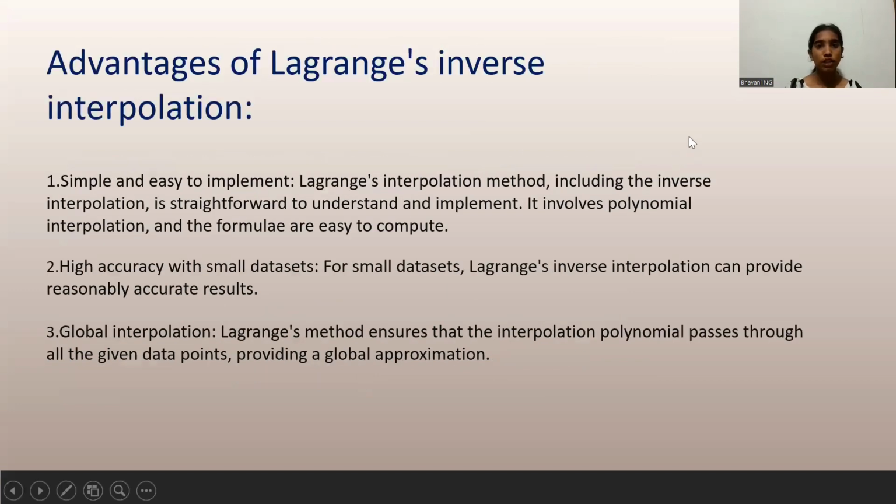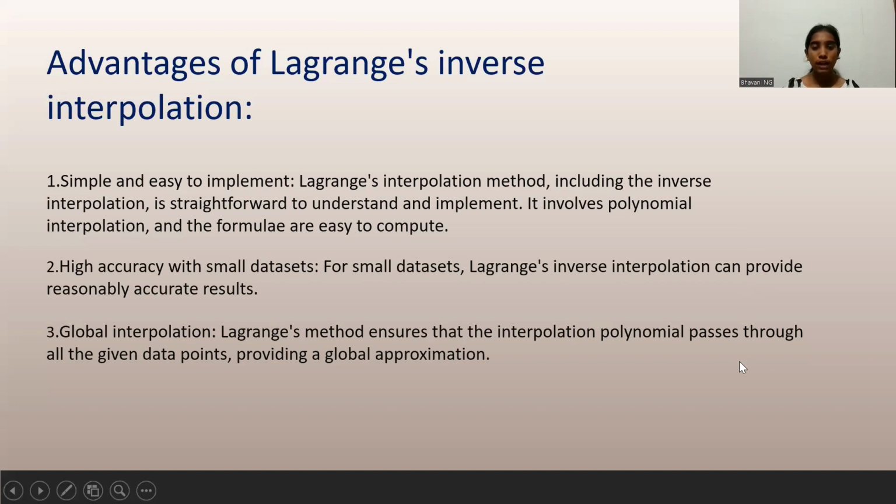Advantages of using Lagrange's inverse interpolation. Simple and easy to implement. Lagrange's interpolation method, including the inverse interpolation, is straightforward to understand and implement. It involves polynomial interpolation and the formulae are easy to compute. High accuracy with small data sets.